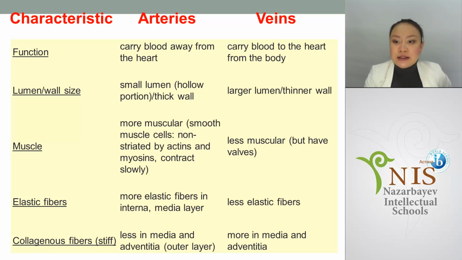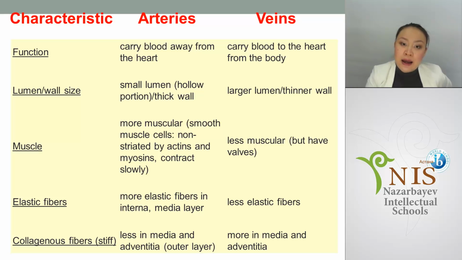This is important. Remember, please, that veins have valves. Elastic fibers: more elastic fibers in interna and medial layer, less elastic fiber in veins. Collagenous fibers: less in medial and adventitious outer layer in arteries, and more in medial and adventitious in veins.